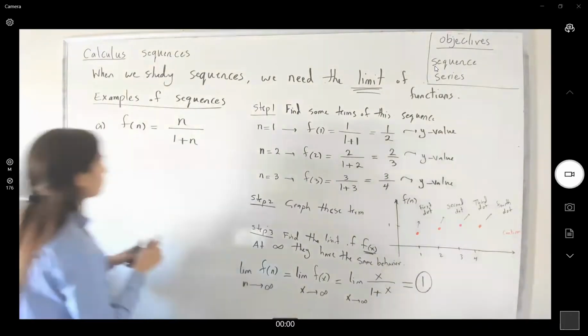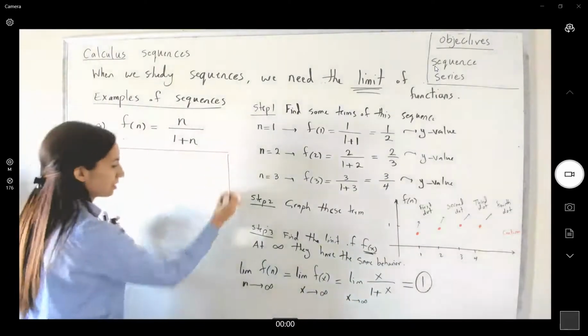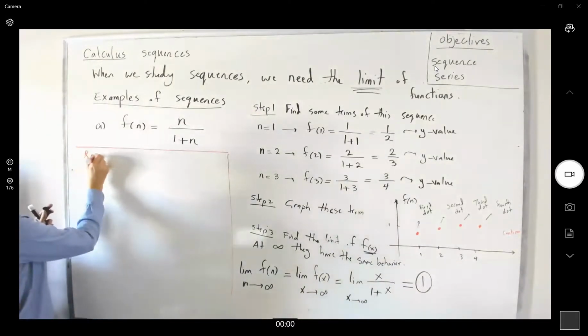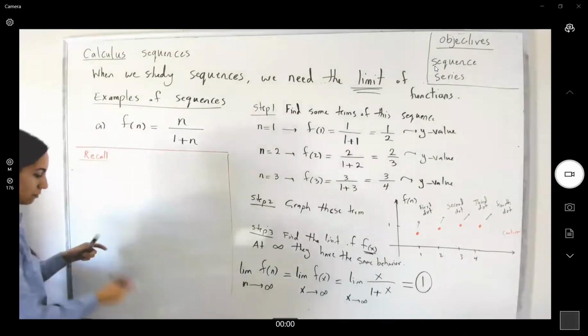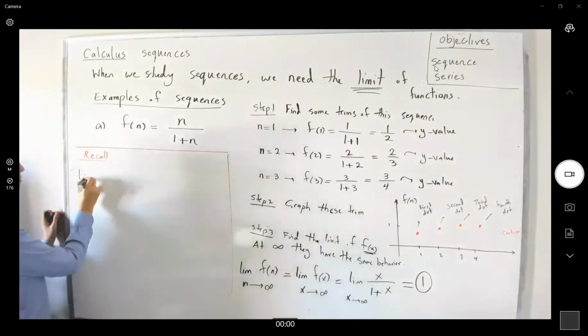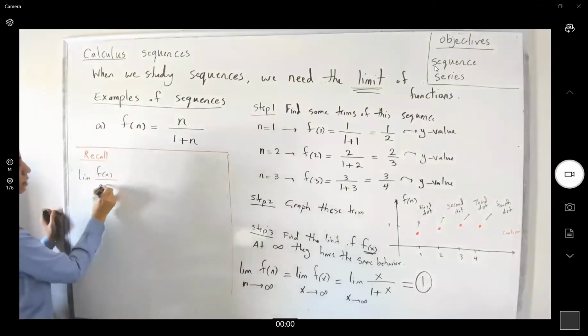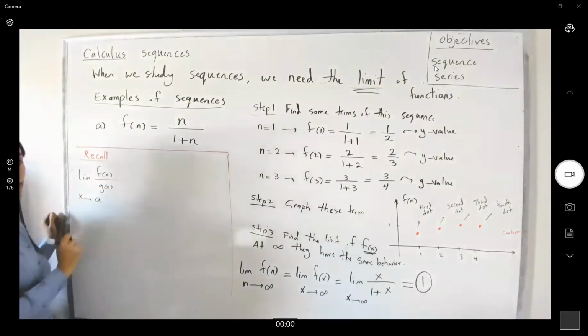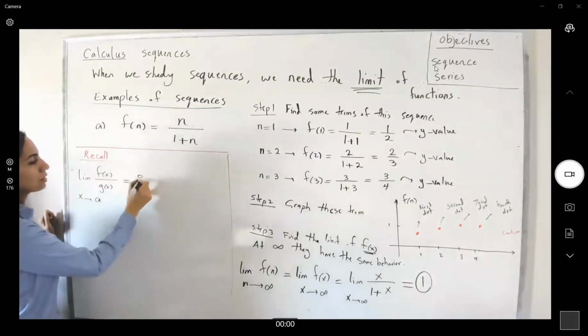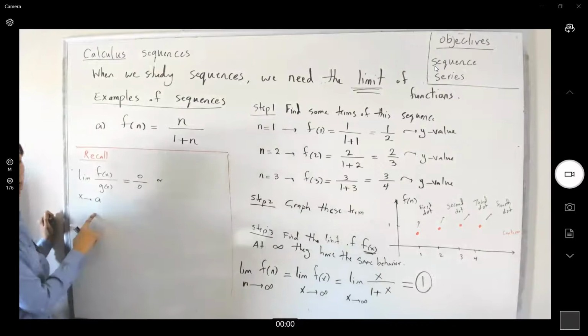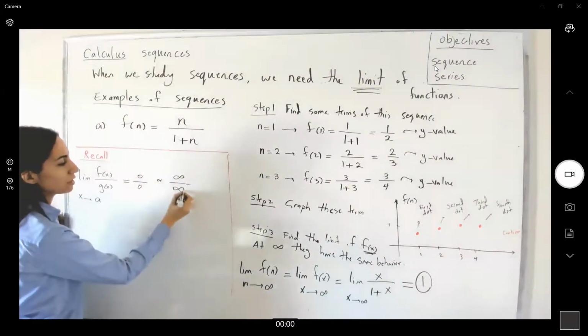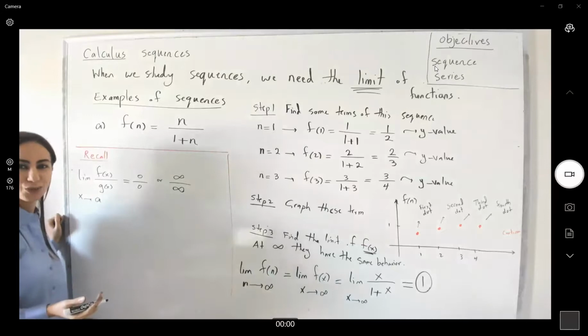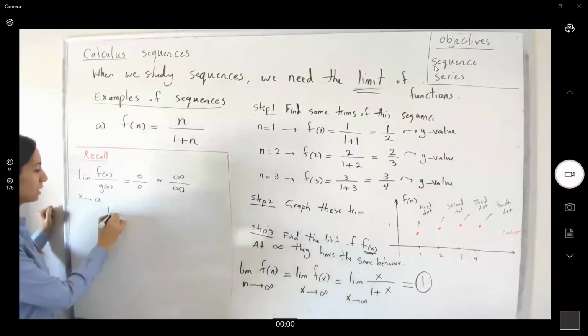Recall that in elementary calculus we learned about the limit. So this is a recall for you. If you have the limit of, for example, f of x divided by g of x while x goes to a, and this is equal to 0 over 0, or infinity over infinity, then we apply L'Hopital's rule and we say that this limit is equivalent to the limit of the derivative of f divided by the derivative of g while x goes to a.